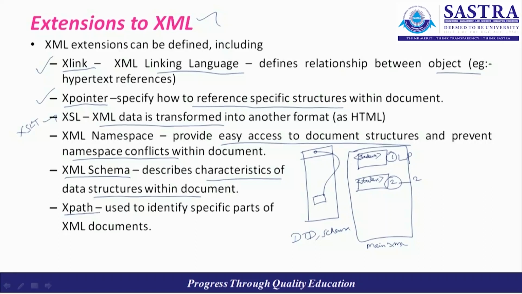XPath is used to identify specific parts of an XML document. Actually, XPath is not a direct tool in XML. It provides the way the document components can be retrieved or specified. So these are the extensions to XML.